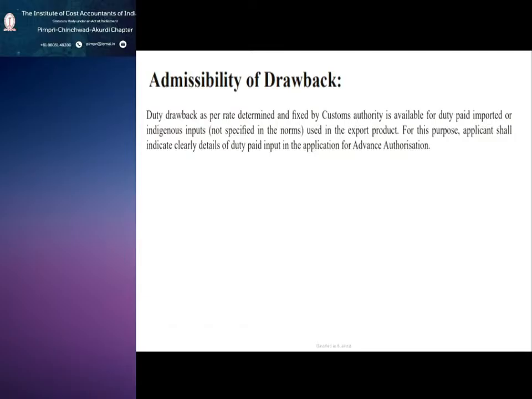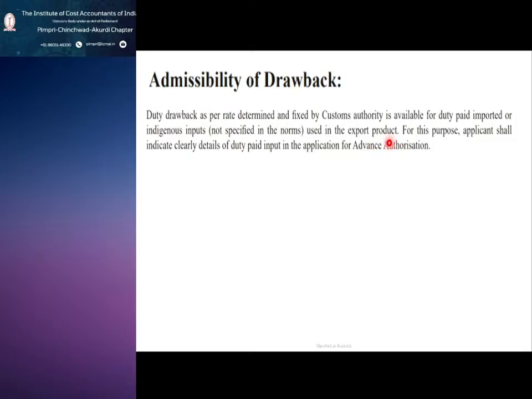So admissibility of drawback: duty drawback, as per the rate determined and fixed by the customs authority, is available for duty paid imported or indigenous inputs used in the export product. For this purpose, the applicant has to clearly indicate the details of duty paid in the application of advance authorization.